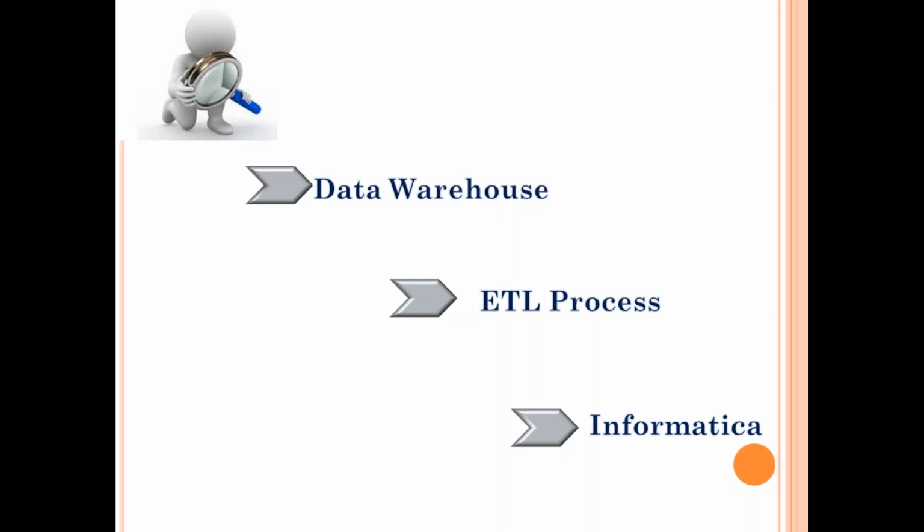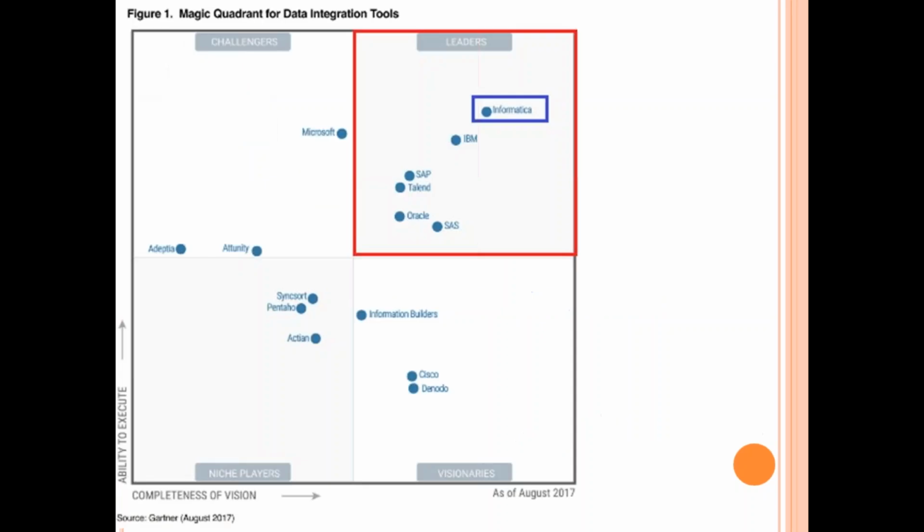If you look into the market, there are various ETL tools available, but out of them Informatica has been ranked number one continuously for the last 15 years. Here is the proof. There is an organization called Gartner, a technology research company which analyzes all the technologies available in the market and gives a ranking for each and every technology.